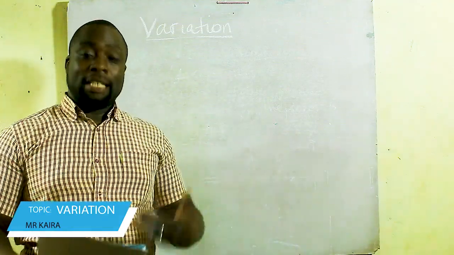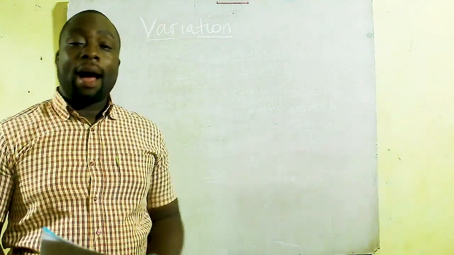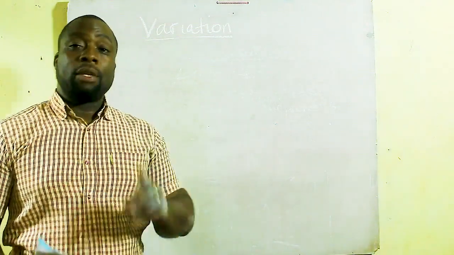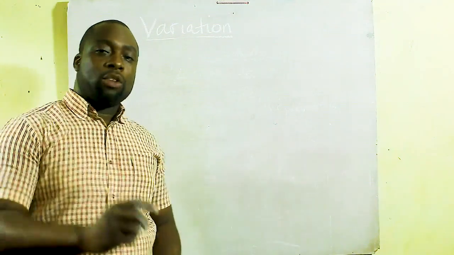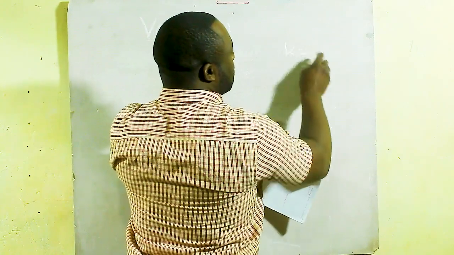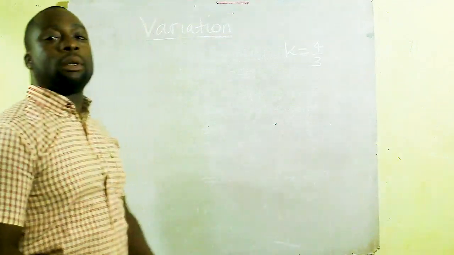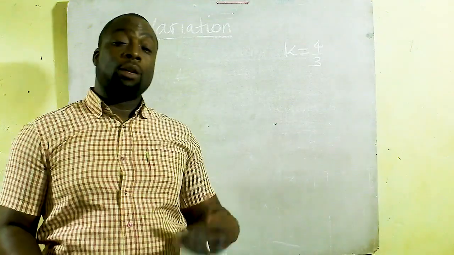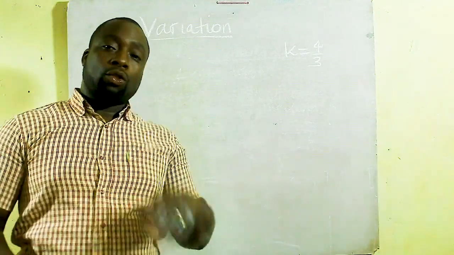The question was: given that y varies directly with x and y is equal to 8 when x is equal to 6, first find the constant of variation. We solved that one, and k was 4/3. Then the second one was to find y when x is equal to 3, and we also solved that one.